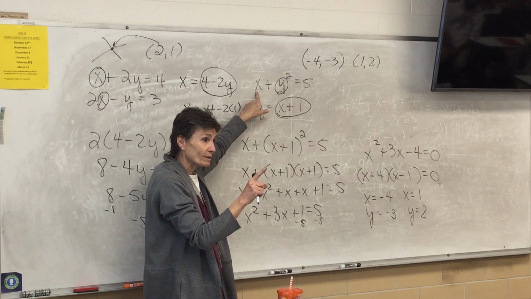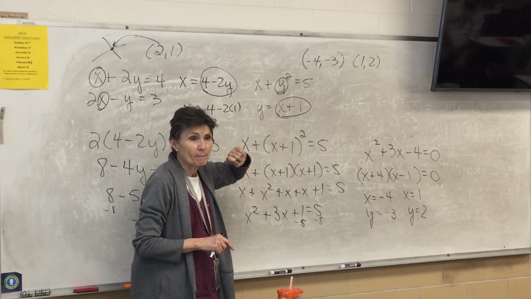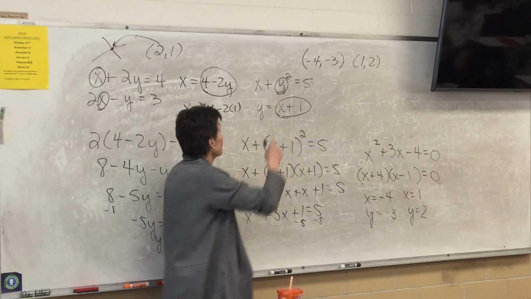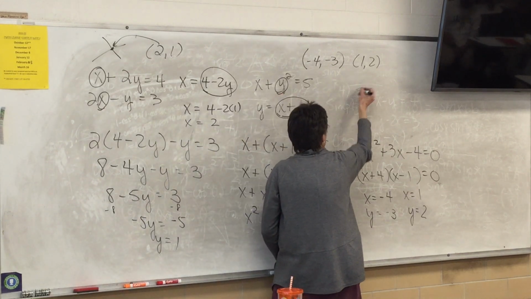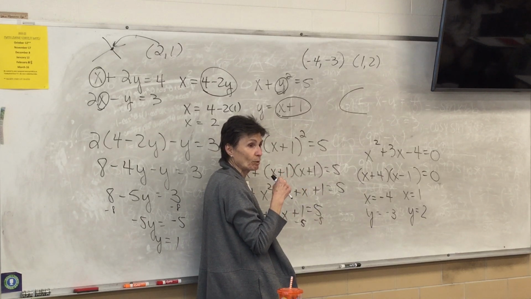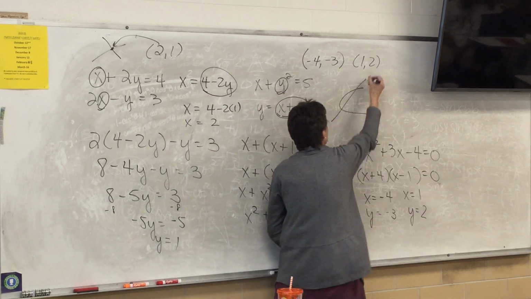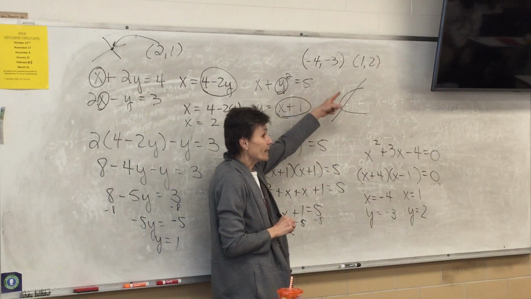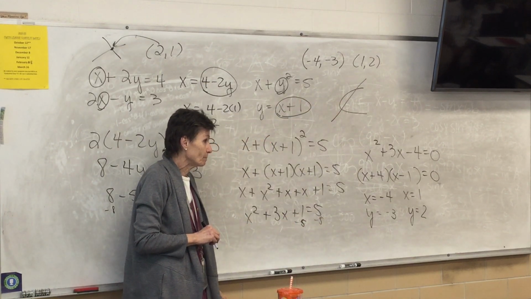It has a square. If you have a squared, what shape are you? Think back, your BFF. You are a parabola. So this equation is actually a sideways parabola. You don't need to know that, I'm just telling you. That's a sideways parabola, and that's a line. How many places do they intersect? 2. That's why we got 2 answers to that problem.